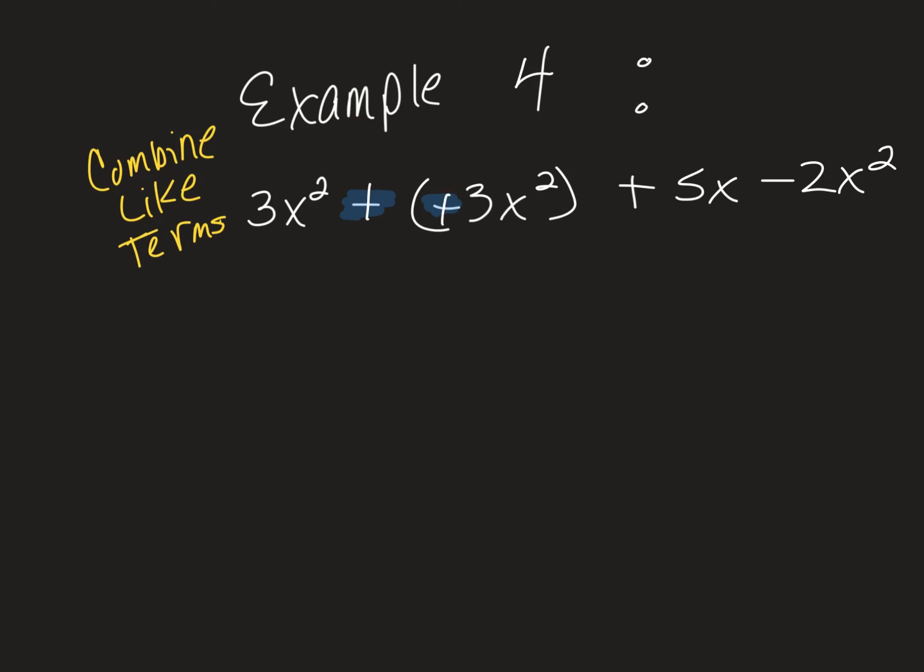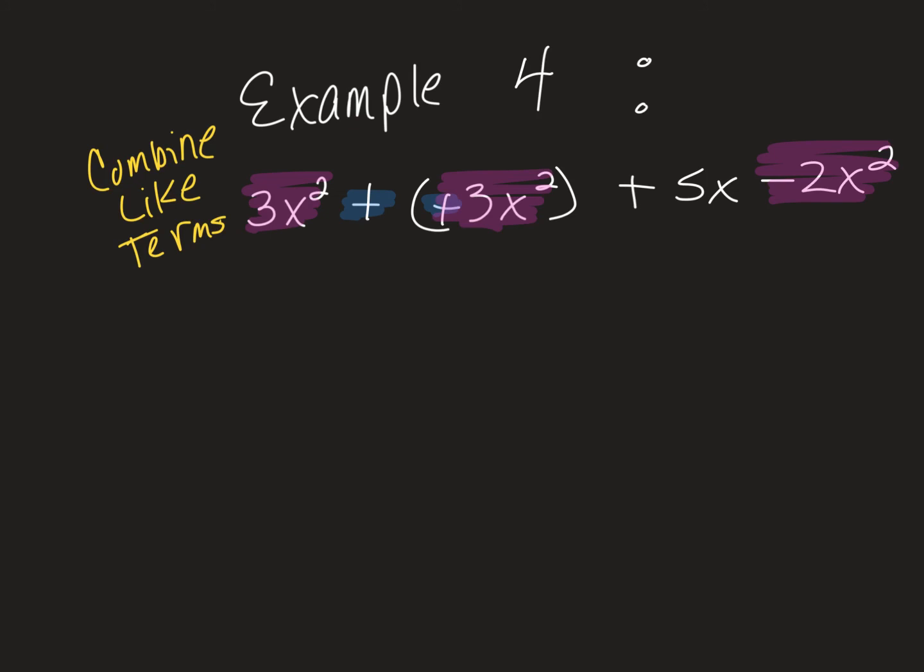So I'm going to go ahead and rewrite that before I start combining like terms. And so now I need to look for whatever has exactly the same variable with exactly the same exponent. So I've got a 3x to the second. I've got another 3x to the second. And I've got a minus 2x to the second.